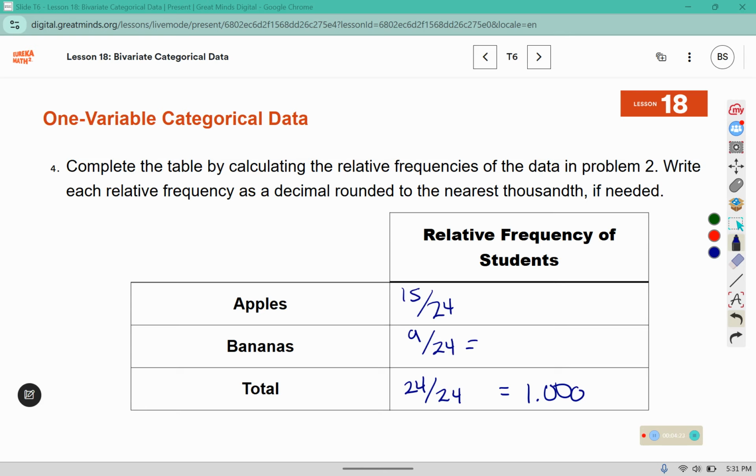So 9 divided by 24 will tell us the decimal for the bananas, and 15 divided by 24 will tell us the decimal for the apples. Remember, it says round to the nearest thousandth if needed. So if you had a different amount of students, you may have to round your decimal.